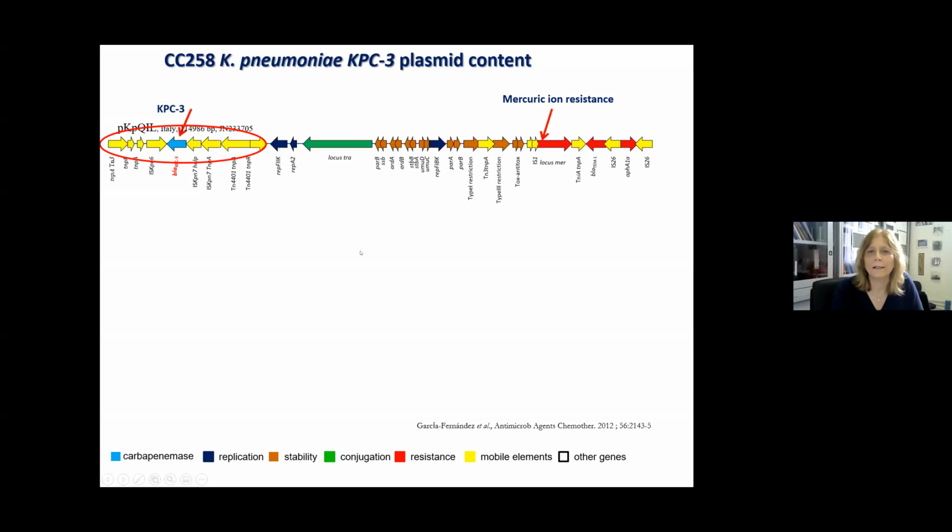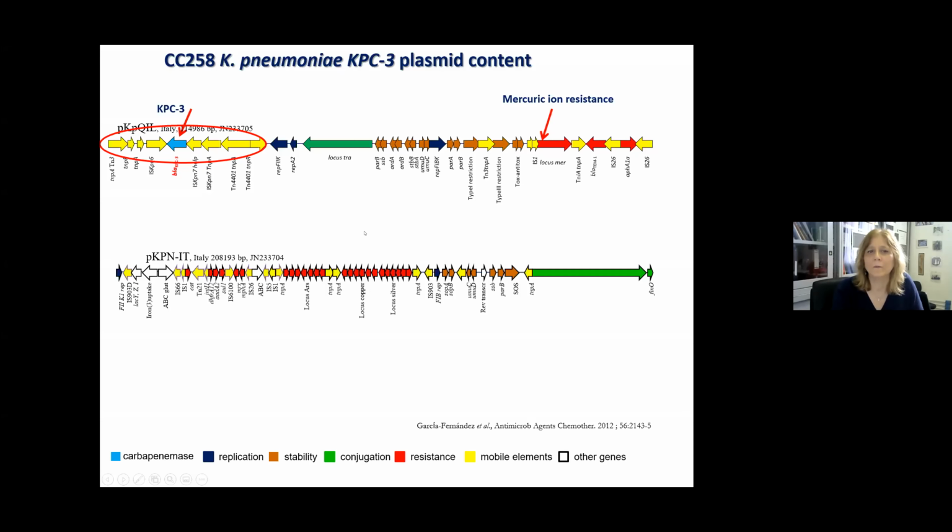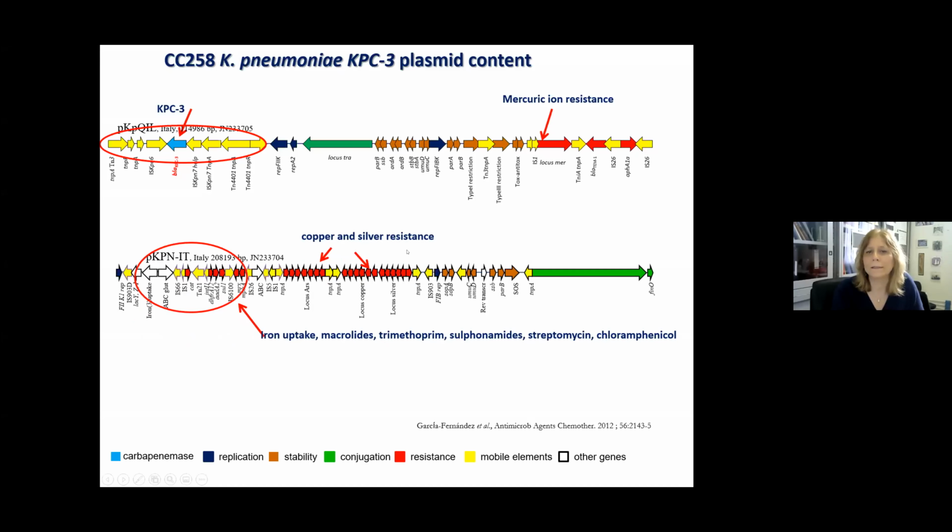But within these cells, there were other plasmids. One very large, 208 kilobases, contributed to resistance of the clone, bringing additional resistance genes, conferring resistance to all drugs, even unused drugs, but also to copper and silver. This pattern, I thought, comes from the environment, from other sources that are not clinical or nosocomial.